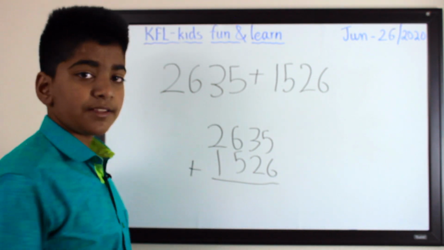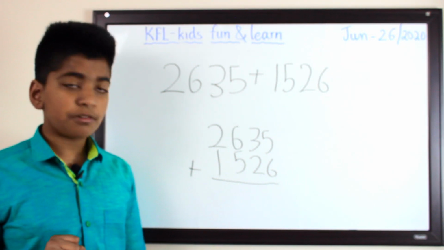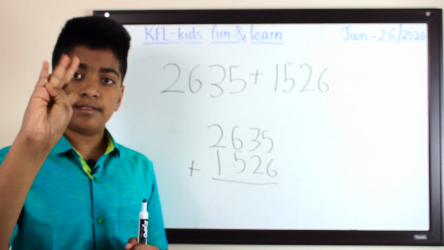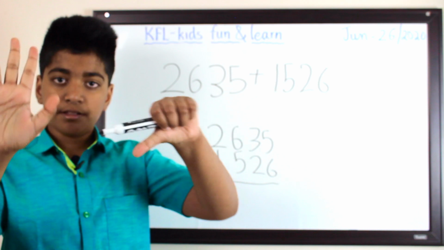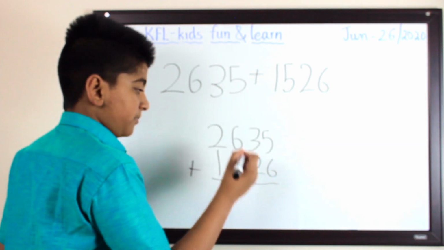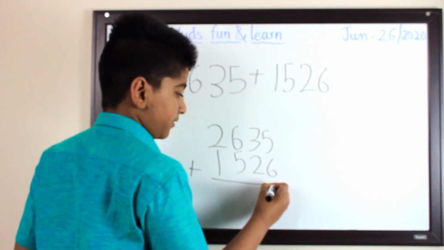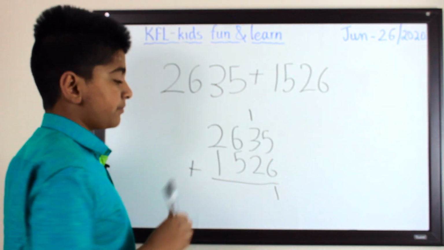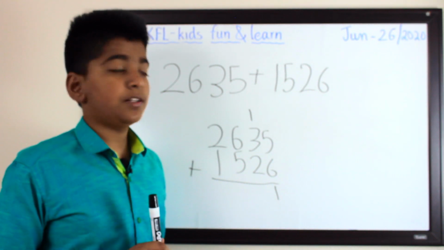5 plus 6. Let's add that using our fingers. So 5, 6, 7, 8, 9, 10, 11. Okay? So 5 plus 6 is 11. 1 here, the other one up here, and let's add. 1 plus 3 is 4.